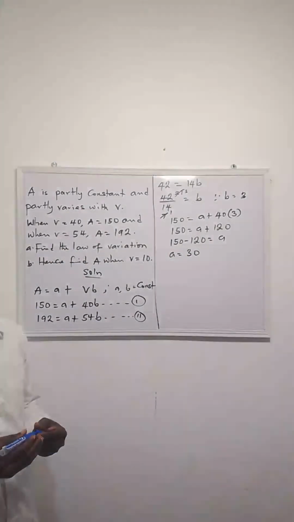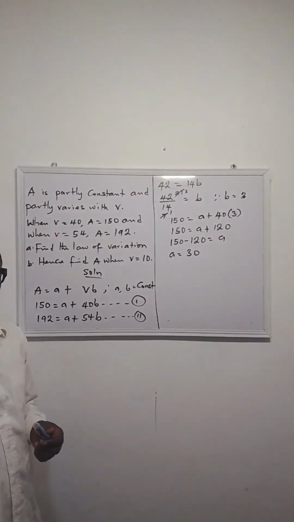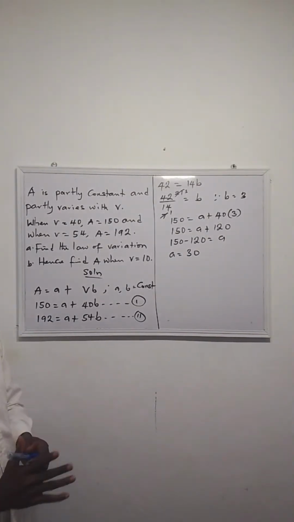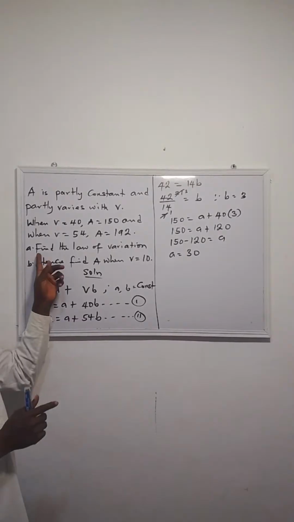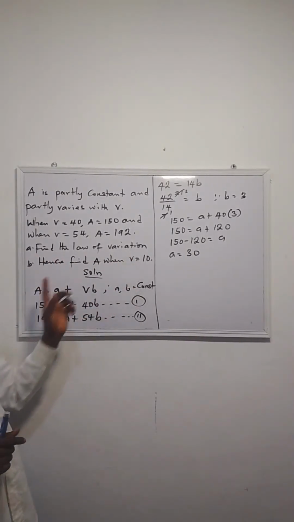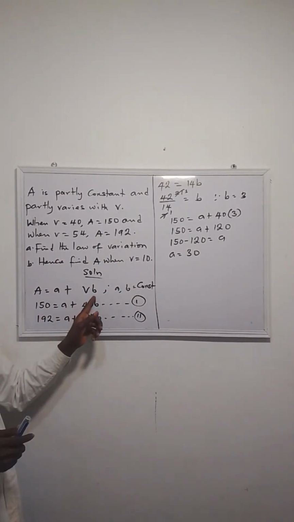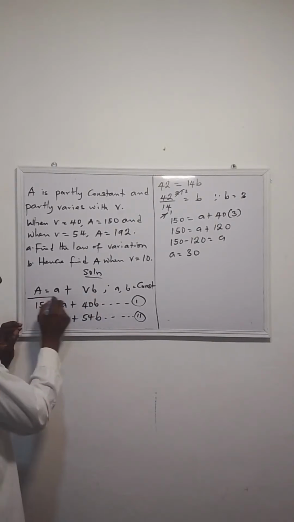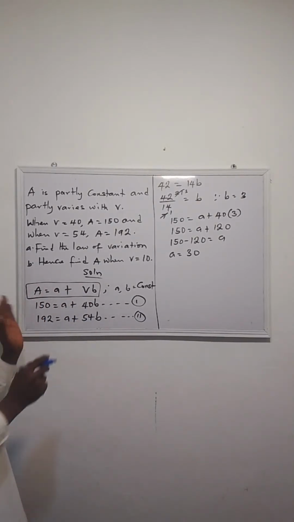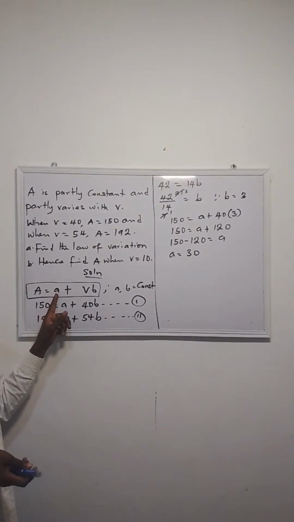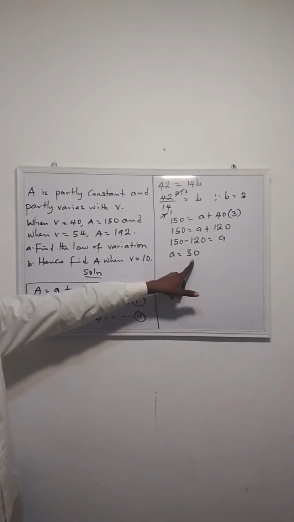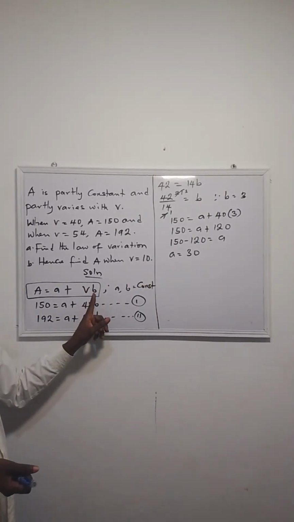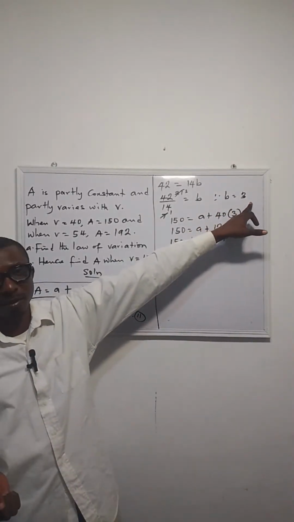Okay, can you see what we have just done now? We have gotten the two constants. So what is the next thing to do? It is to get the law of variation. This is where you are going to get the law of variation from. All you just need to do is write this and change a and b. Change a to what you have as a, which is 30, and change b to 3.